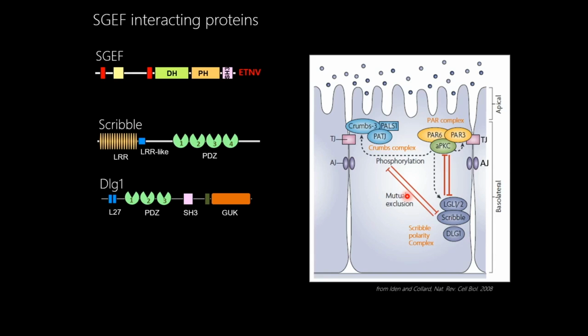And they do so by establishing what's called a polarized phenotype, in which the apical surface, which is facing the outside, is separated from the basolateral surface, which is facing the inside of the tissue or organ. And this is mediated by the formation of cell-cell junctions, called adherens junctions and tight junctions, which form a barrier that does not allow molecules and solids to go through in between cells.